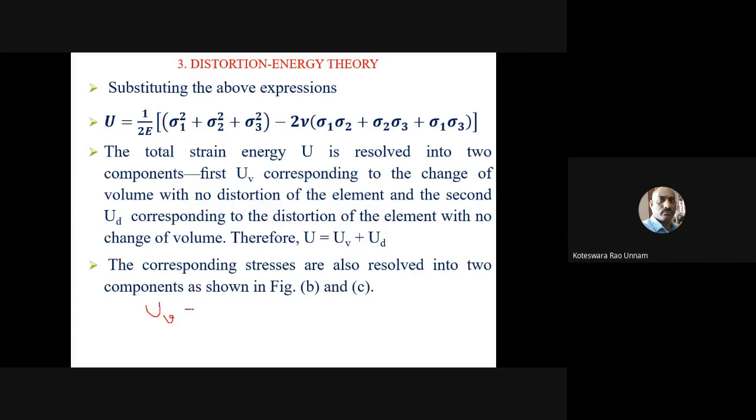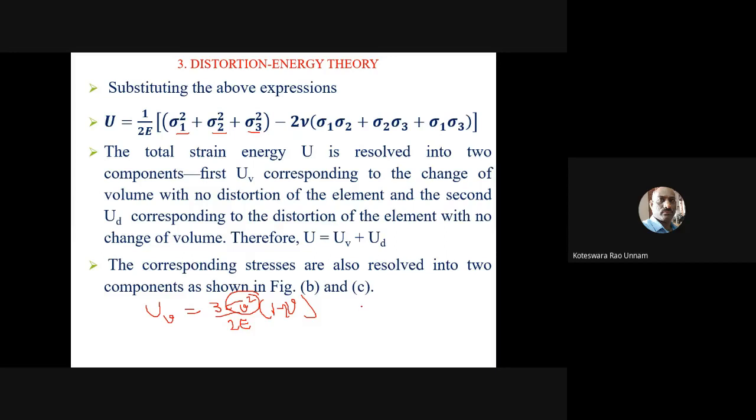If I substitute sigma 1 equal to sigma 2 equal to sigma 3 equal to sigma v, then what we get is 3 sigma v square divided by 2 times E into 1 minus 2 nu. So this is what we got. But I want to find what sigma v square is. How can I calculate sigma v square?